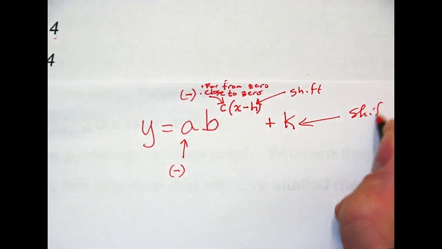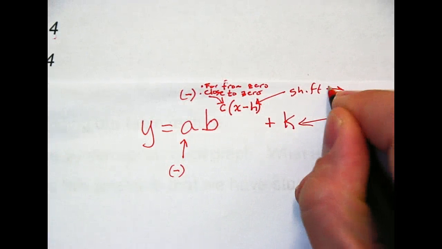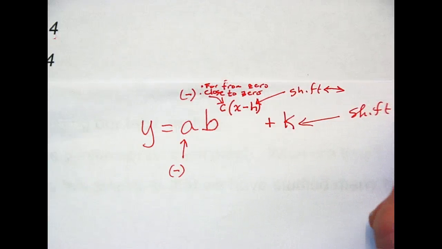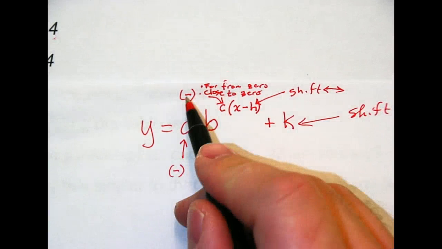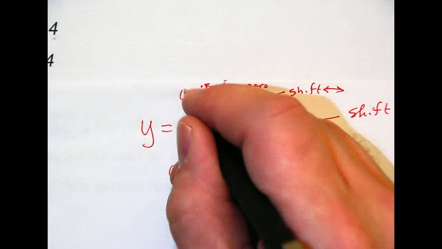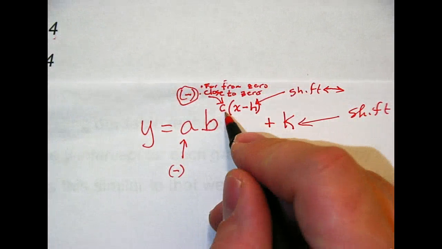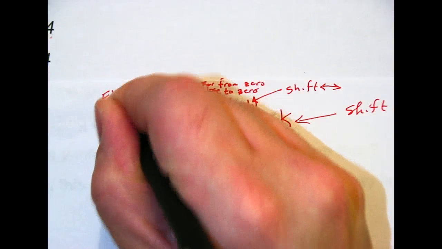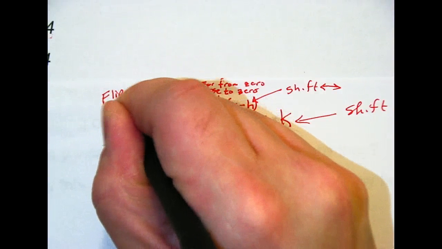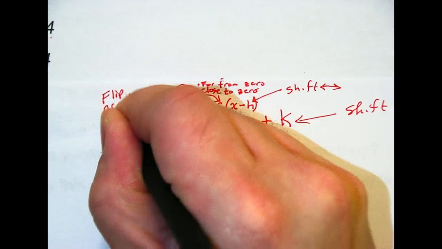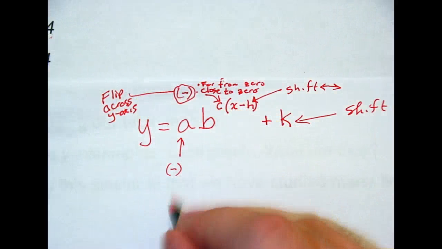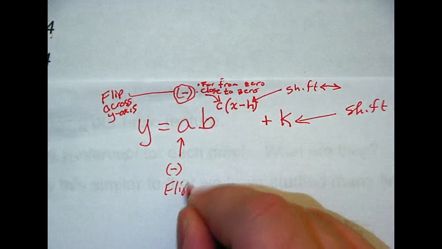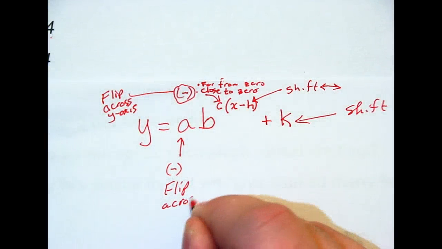Okay, shifting this way, shifting this way. Negative flips it across. This negative flips it across where? The y-axis. Negative here flips across the x-axis.